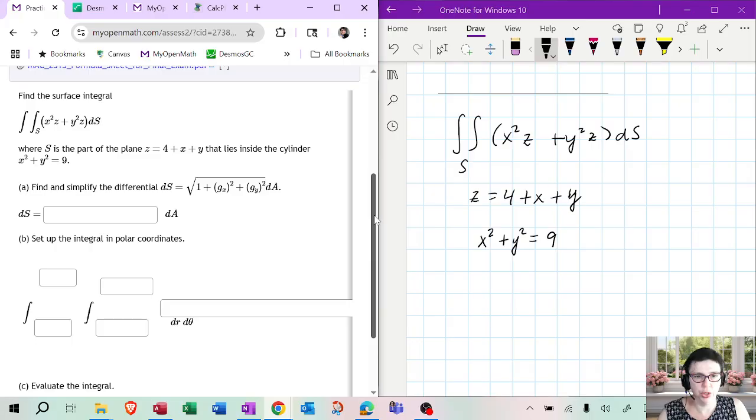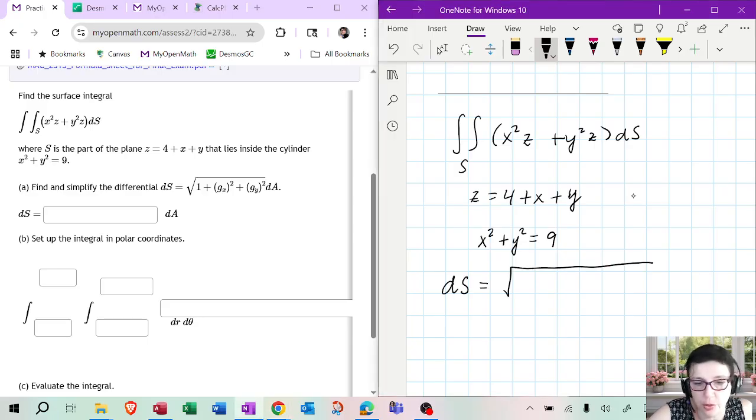Let's switch from a surface integral to an actual double integral. How do we do that? We need to compute the differential dS, and the formula for that is the square root of 1 plus gx squared plus gy squared. What are gx and gy?